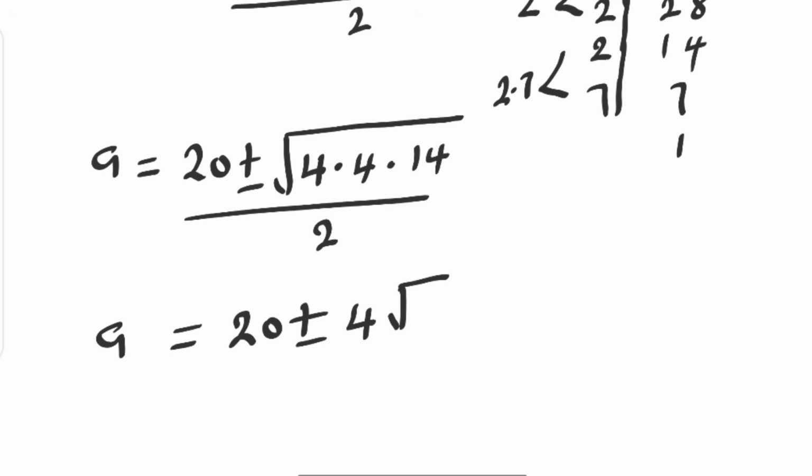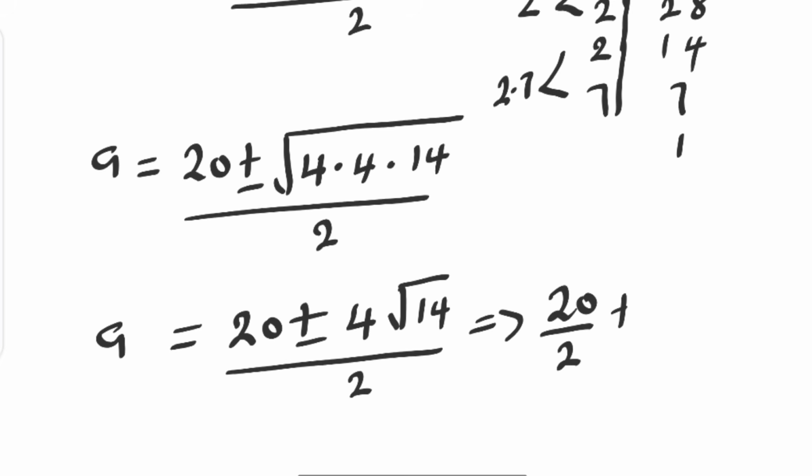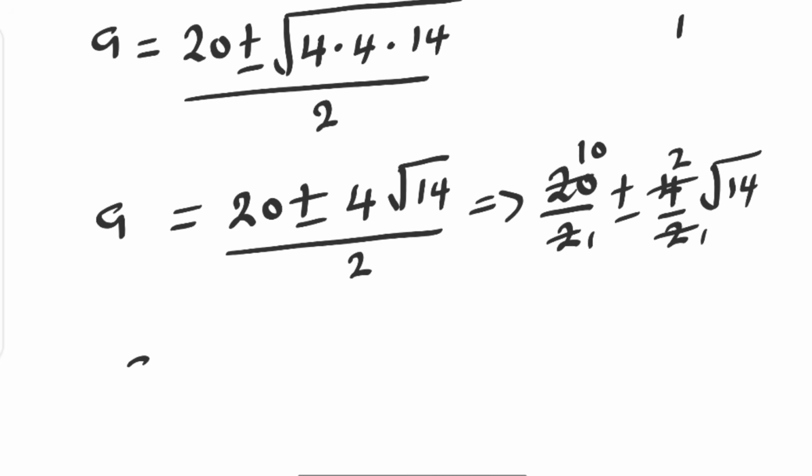Then root 14 divided by 2. This can be written as 20 divided by 2 plus or minus 4 divided by 2 square root of 14. 2 here 1, 2 here 2, 2 here 1, 2 here 10. A is equal to 10 plus or minus 2 root 14.